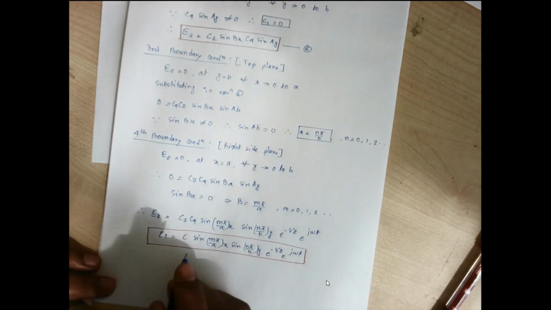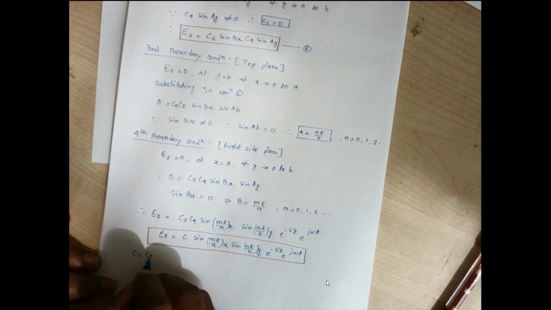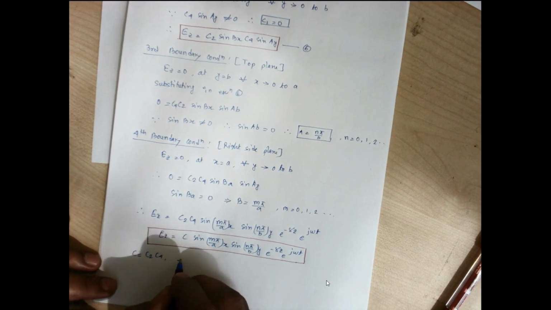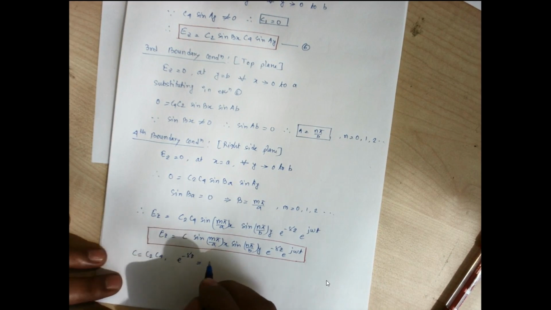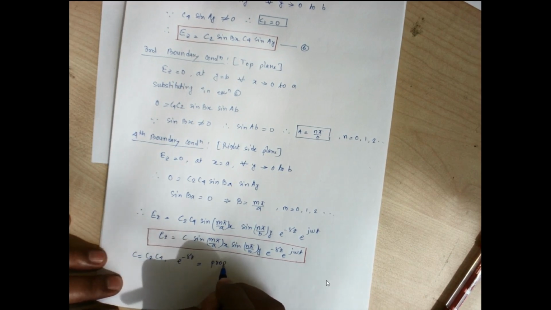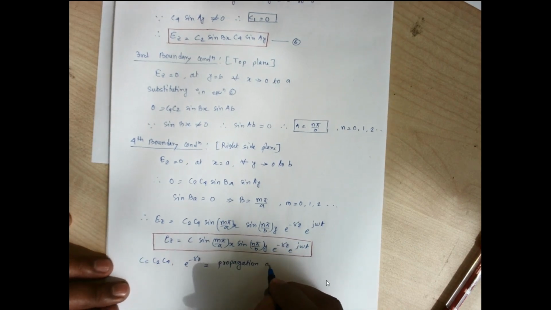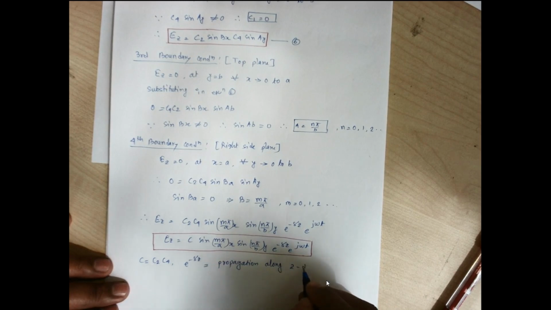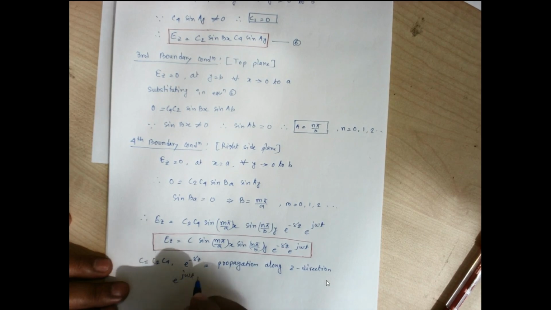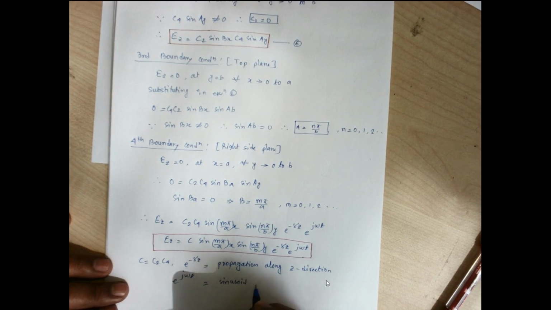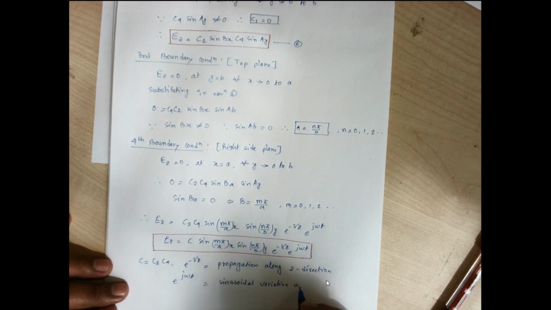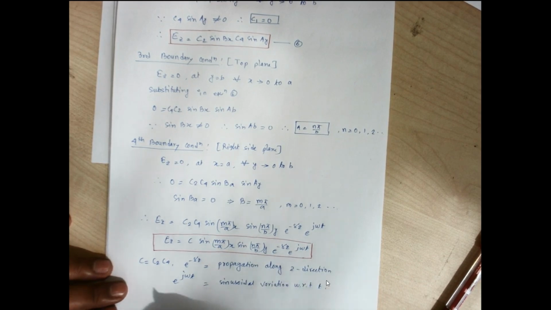So here C is equal to c2 into c4. e to the power minus gamma z indicates propagation along z direction. e to the power j omega t indicates sinusoidal variation with respect to t. Okay.